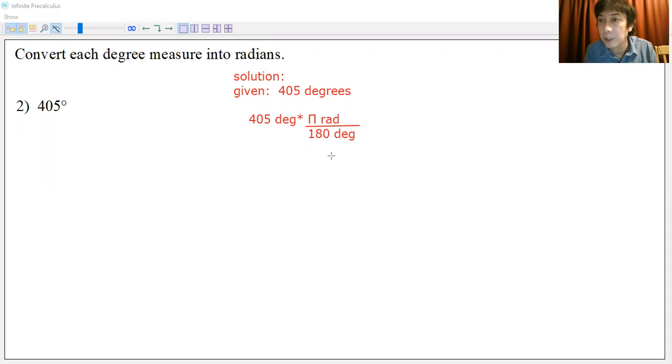You put the 180 degrees at the denominator so that the degrees cancel out with the degrees there, and you will now be left with a unit in radians.